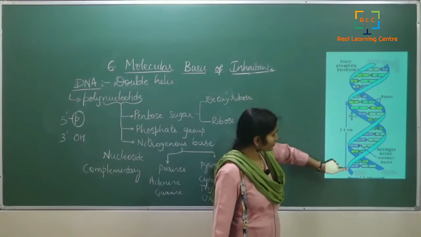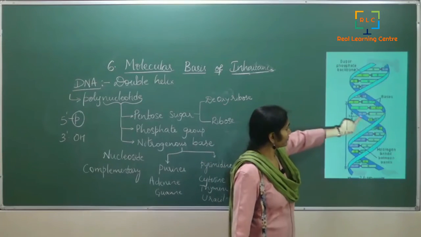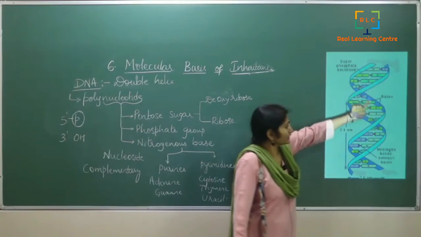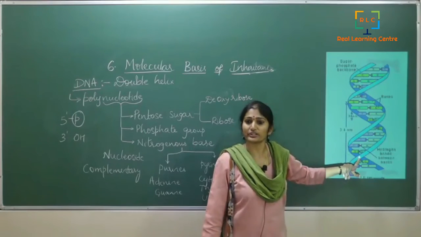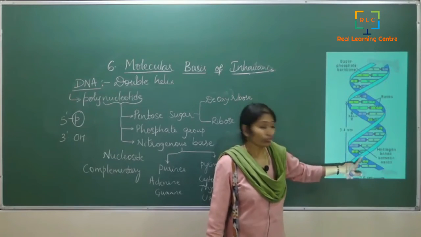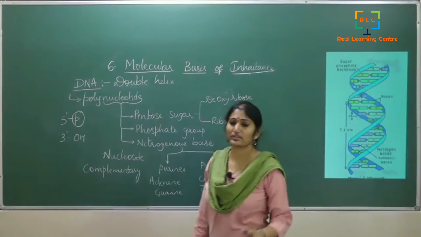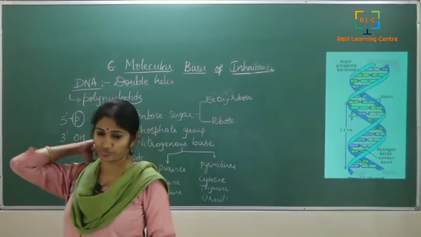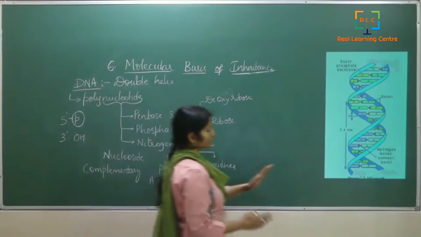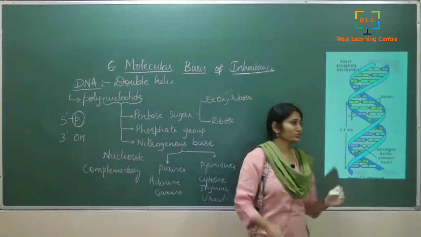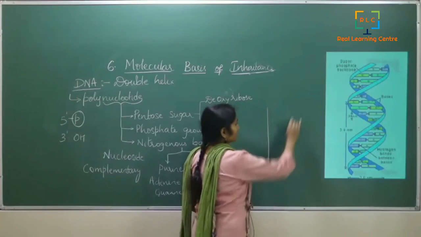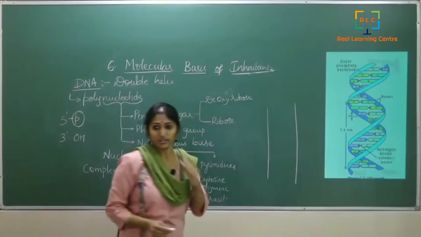So there is a sugar and phosphate backbone. The one which you see in the light blues and the dark blues is the sugar phosphate backbone. And what is inside this spiral structure is our nitrogenous bases, right? So basically it would be something like, if you can imagine yourself with a staircase, a ladder.